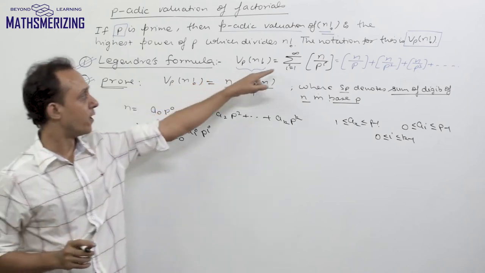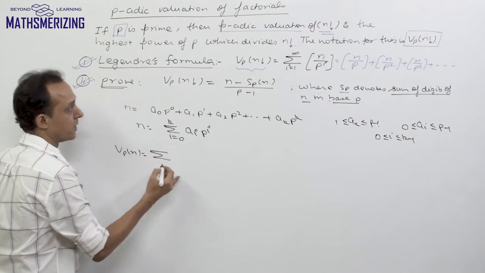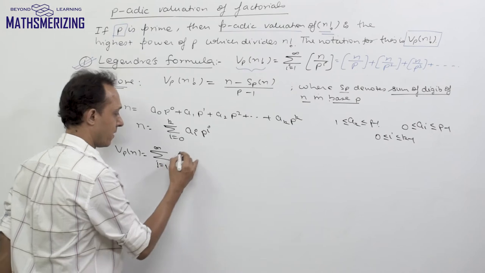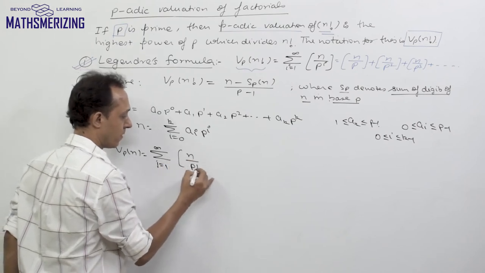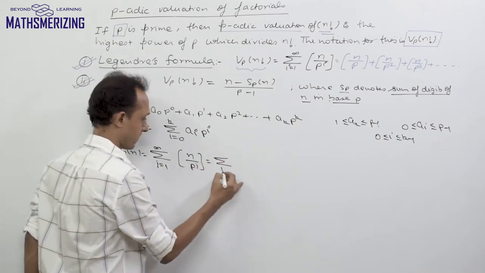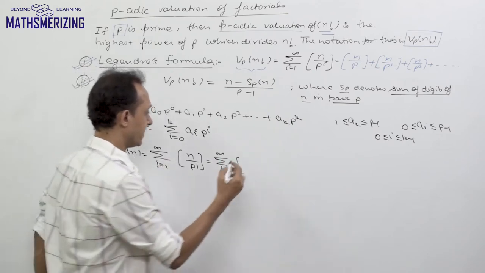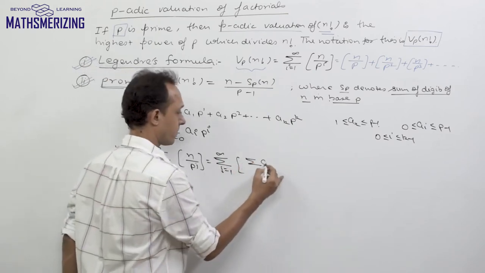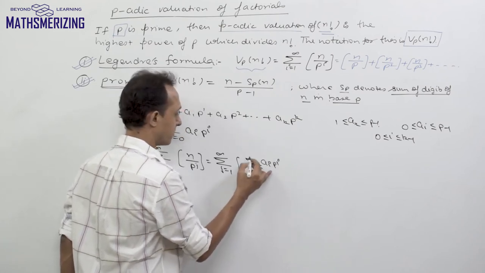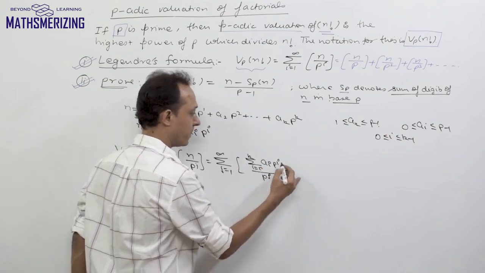Now we'll use Legendre's formula. So I'll write Vp(n!) as this summation, I'll take this as j. j varies from 1 to infinity, floor of n upon p to the power j. So I can also write it as summation j varies from 1 to infinity, and what is n? n is this summation ai p to the power i, where i varies from 0 to k, upon p to the power j.